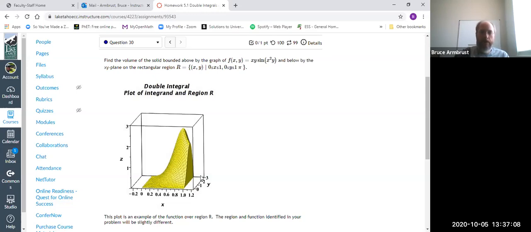All right, so to the whiteboard. Let's erase that real quick and go back to black. All right, so we're going to do a double integral. Our function is going to be xy sine of x squared y.